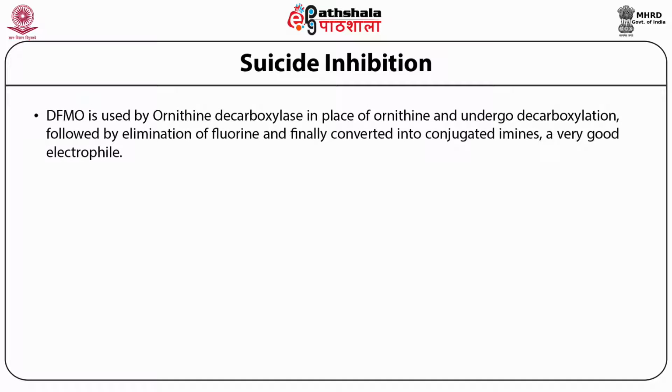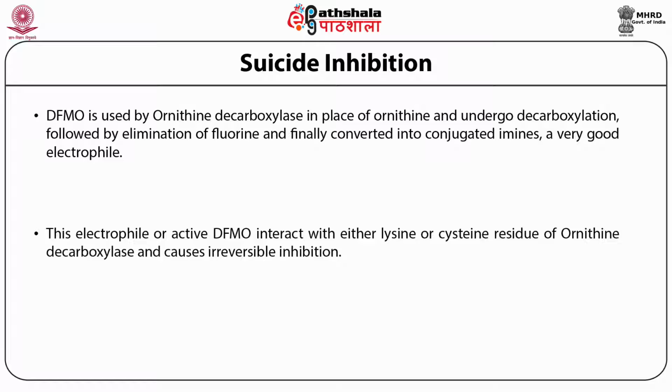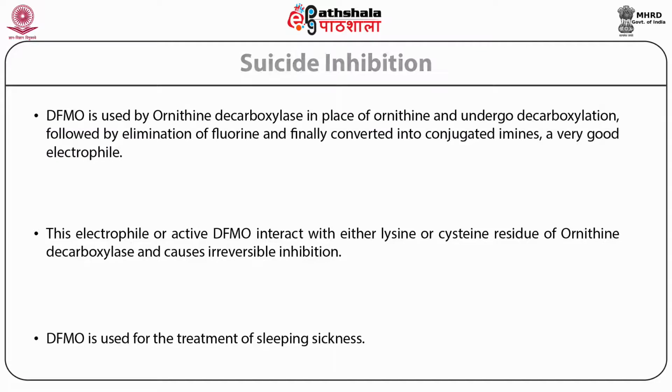DFMO is used by ornithine decarboxylase in place of its own substrate, ornithine, and undergoes decarboxylation. After decarboxylation, it is activated and then irreversibly inhibits the ornithine decarboxylase. DFMO is used as a treatment for sleeping sickness.